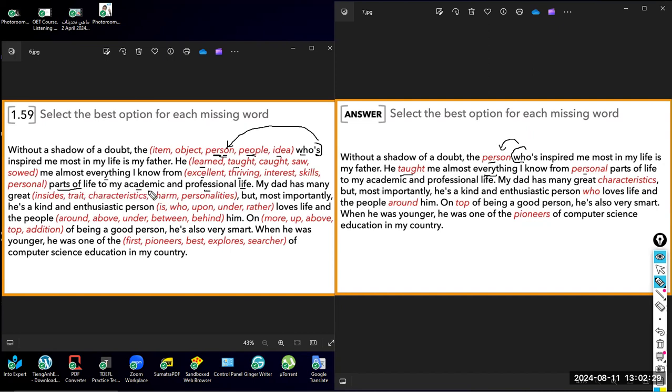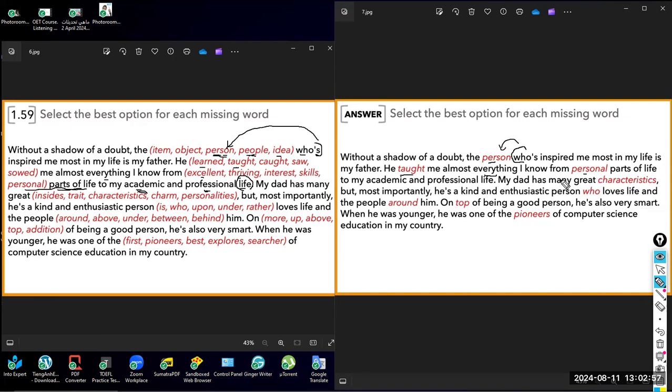So, academic, professional, and personal parts of life. Absolutely, it's not skills, interest, thriving, or maybe excellent. So, because I have these adjectives, as I told you, academic is an adjective, professional and personal is an adjective, and because I'm talking about life, I have to say personal life.